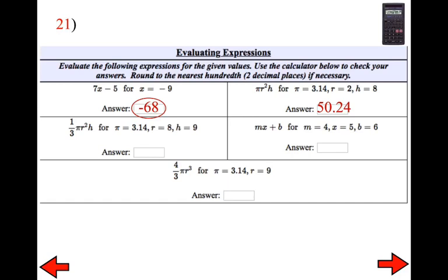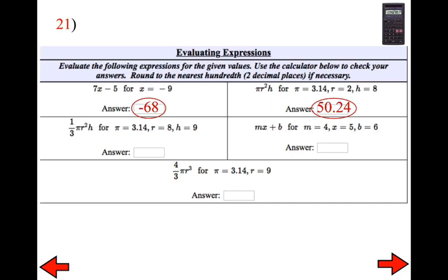So what I would like you to do is, if you didn't use a calculator for those first two, make sure you get one now. And what you could do is you could actually go ahead and open up the homework to the very last problem, which has a calculator embedded into it, and go ahead and do those last 3 problems.